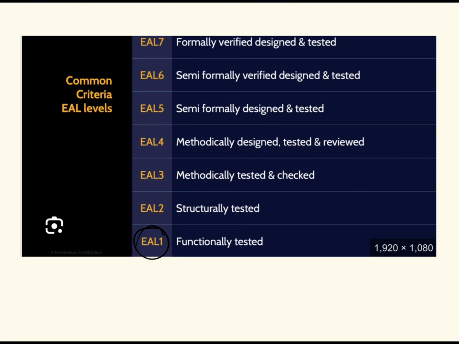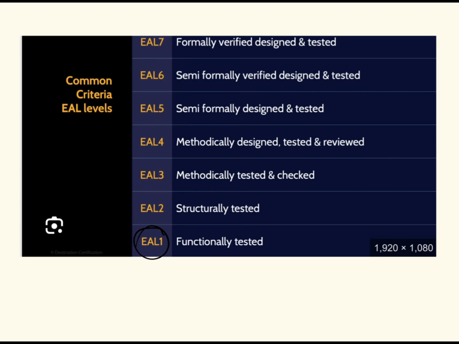What evaluators do is turn it on and verify the advertised features work. So low risk environment, low assurance needed. If it is a low risk environment, then we need low assurance.